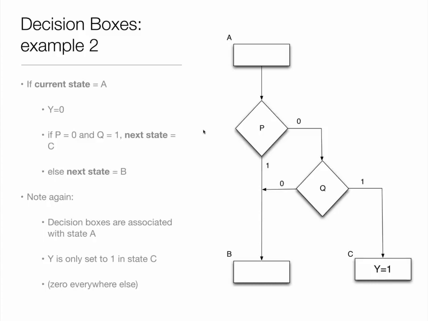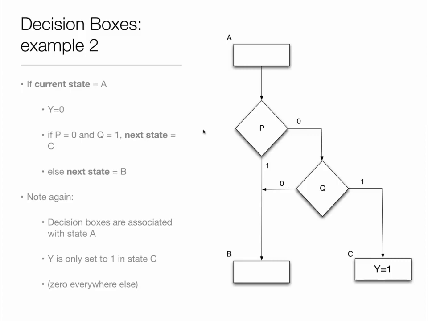Example number 2. This is what I was inferring just now. Ultimately, these decision boxes have to lead to another state. But we can chain them together, and this is how we test two variables at once. So let's look at this one.